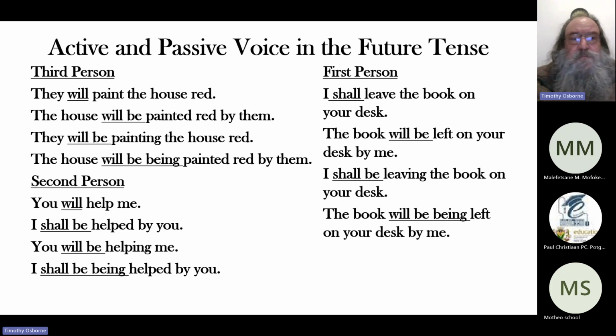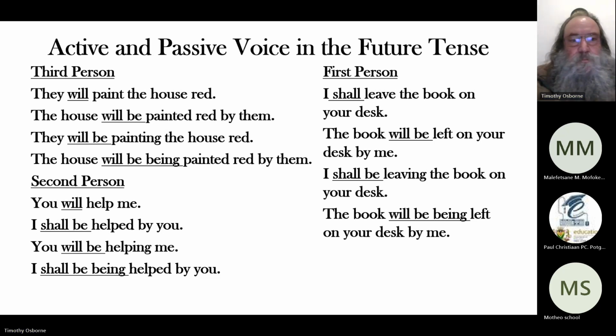Finally, the first person, and there, straightforward. I shall leave the book on your desk. And in the passive voice, it becomes, the book will be left on your desk by me. Please note again, the auxiliary verb changes from first person to third person.